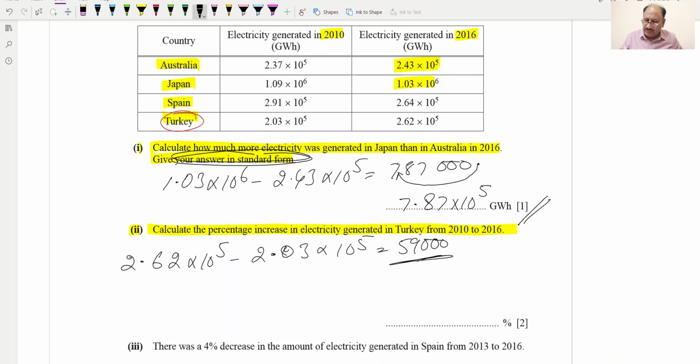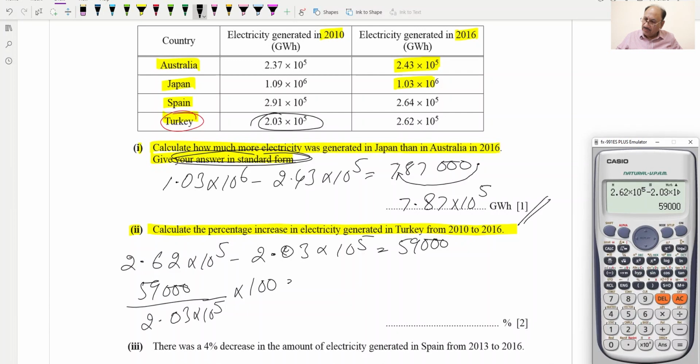59,000, and this change is against how much? Against 203. So 59. Now we are going for the percentage change, so we'll divide by this and multiply by 100 to get the percentage, and this will be resulting to, this amount is already there, so answer divided by 2.03 into 10 raised to the power 5, and this should be multiplied by 100, and this is resulting to 29.06.